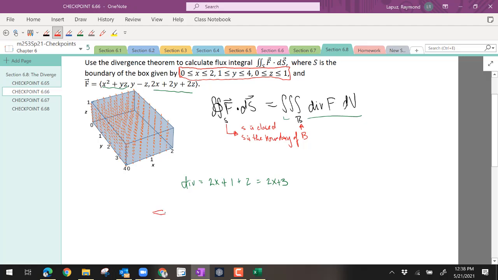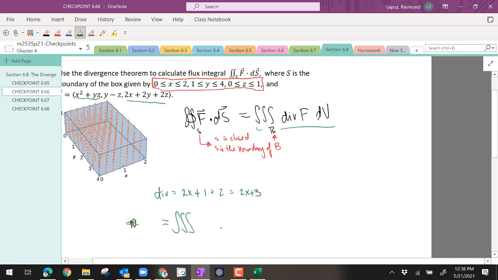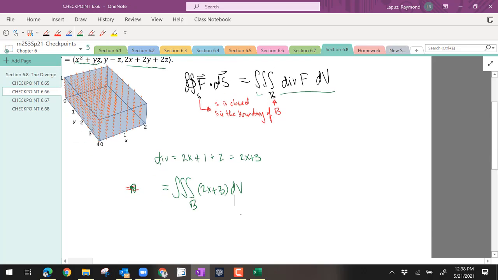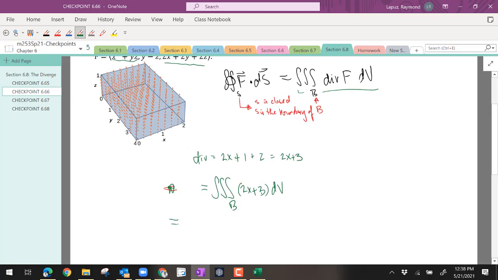That our flux integral then should be equal to the triple integral over B of 2x plus 3 dv, and this would be equal to the integral of 2x plus 3, and we can do it in any order we want.